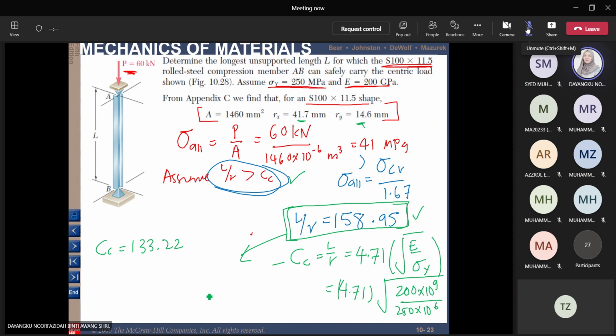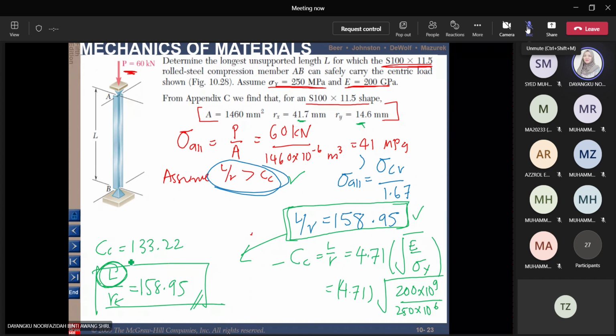So L over R is equal to 158.95. This will be our value. To get the value of L, we just change the R into the smallest one, which is 14.6 millimeter.